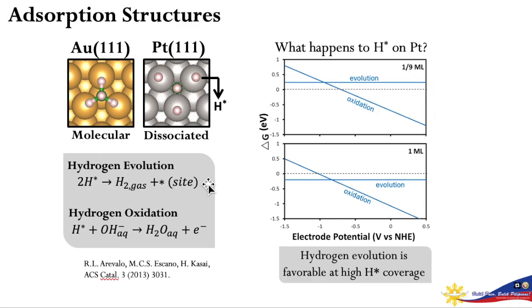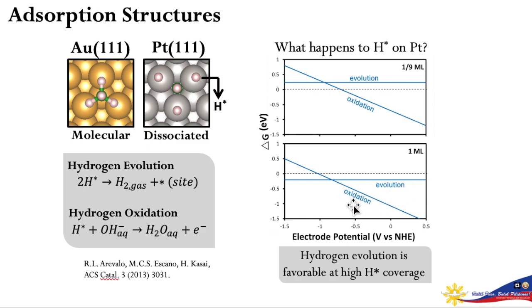We simulated these two reactions on the surface of platinum, and this is what we have found. I show here the free energy change for the two reactions as a function of electrode potential with respect to the normal hydrogen electrode. I show here the results for the case of 1/9 monolayer and the 1 monolayer case, that is for the coverage of hydrogen atom.